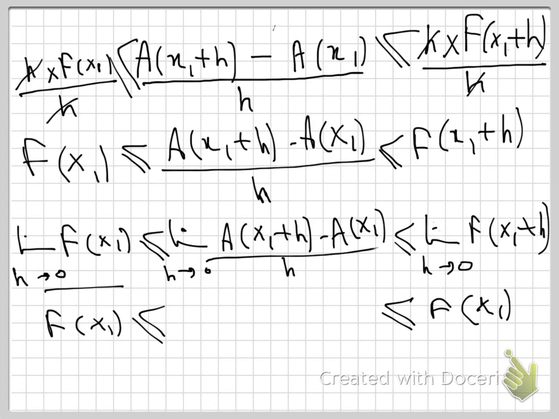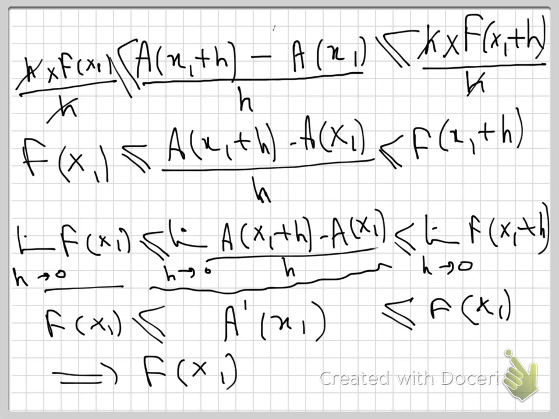What is interesting is here, the limit of A of x1 plus h minus A of x1 over h is in fact the derivative of A at x1. So it's the definition of the derivative, how to test if a function is differentiable: limit of f of x plus h minus f of x over h when h approaches 0. So this limit is equal to A prime of x1. What can we deduce here? We can deduce that f of x1 is equal to A prime of x1.